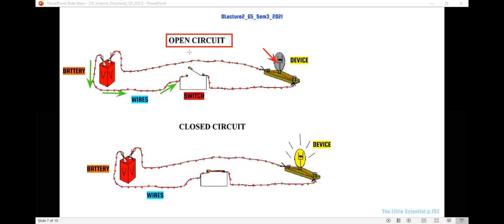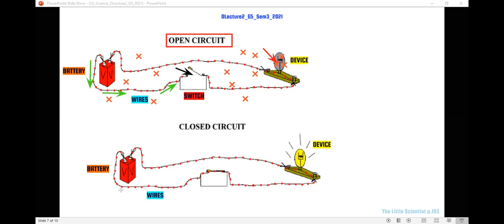Can they continue their pathway? It's open. No. So they cannot move anyway. This is an open circuit and the electric current cannot flow. The electrons cannot flow, so the device is off. It doesn't work.